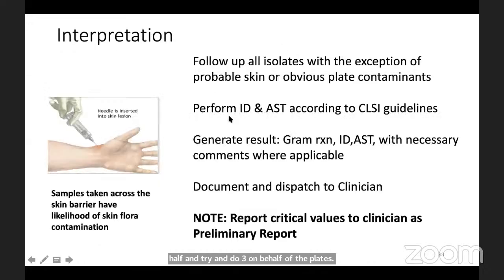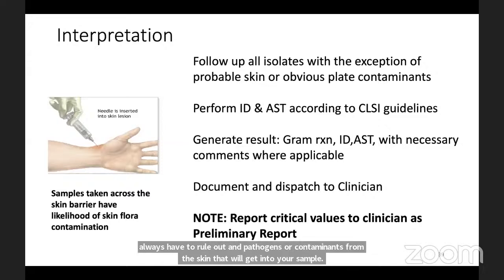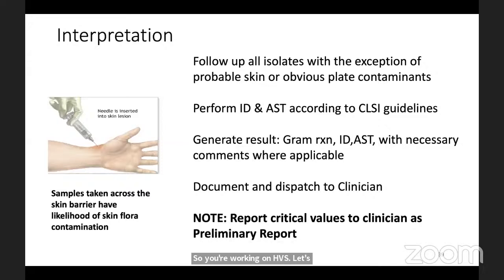All right. Now, most of the swabs, like I said, are taken across the skin barrier. So like I've always been saying, you always have to rule out pathogens or contaminants from the skin that will get into your sample. So if you are working on HVS, and you know lactobacilli is normal, then you grow lactobacilli.